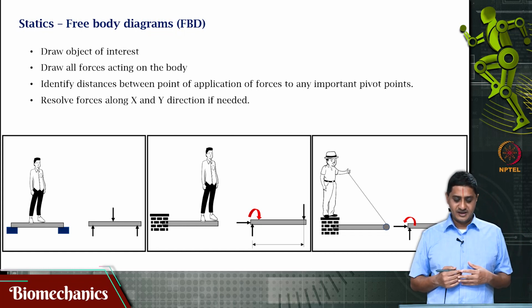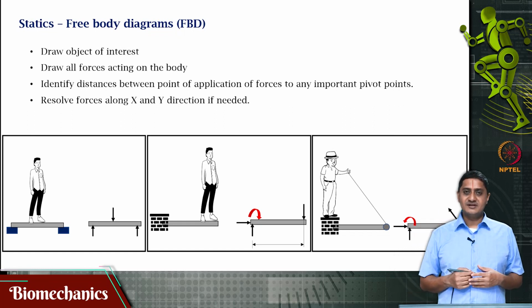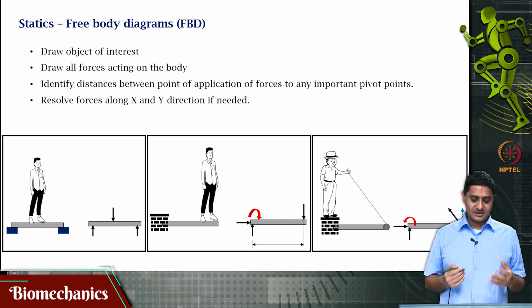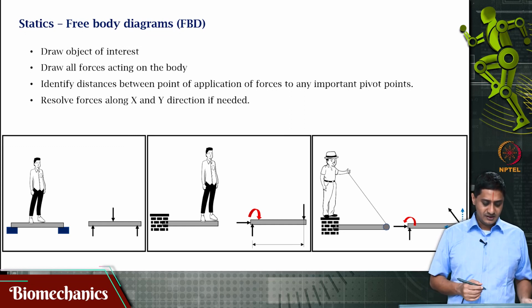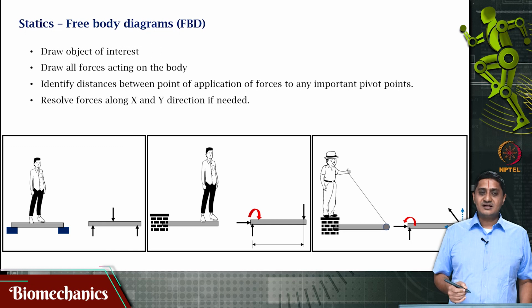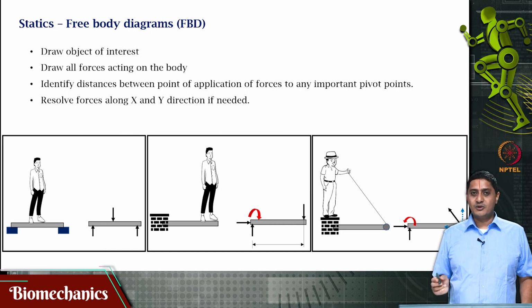What is a free body diagram? A free body diagram essentially implies that the body of interest is freed from any external contacts. So, you draw an outline of the body, and for each contact that the body makes with other external bodies, you replace it with the corresponding force or moment or force-moment combination.